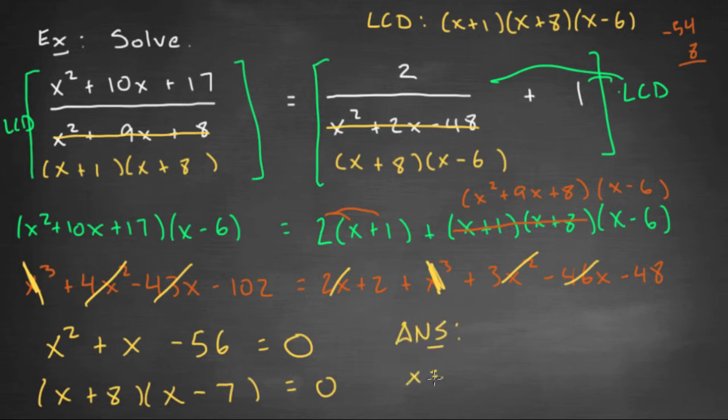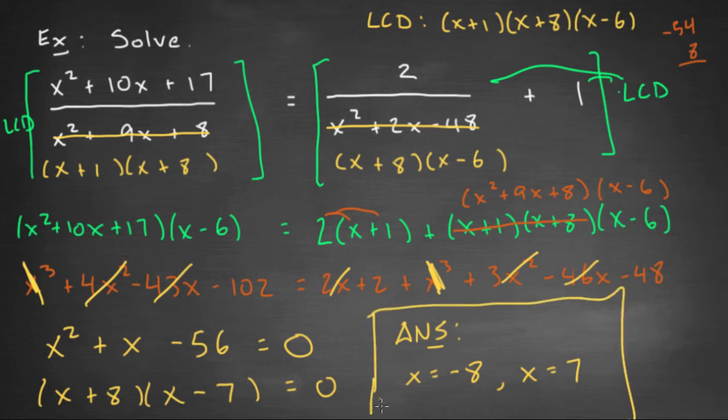One solution is x equals negative 8, and the other solution is x equals positive 7. Okay, so that looks pretty good. So now we're tempted just to call that the answer and go to the next problem. Those are the x's, so if you plug those back in the white equation, that should make the left side equal the right side if you plug in those values for x.